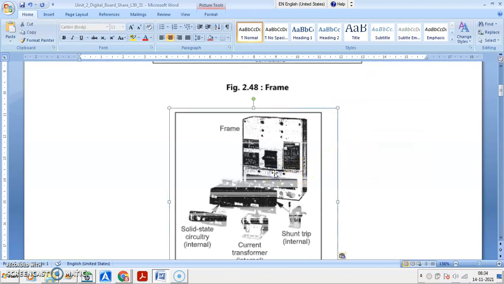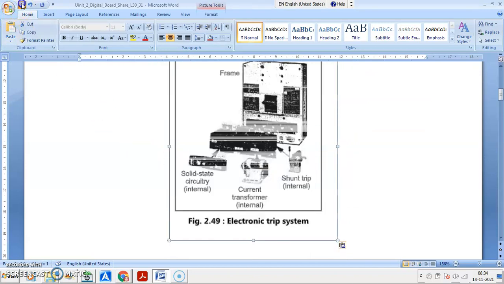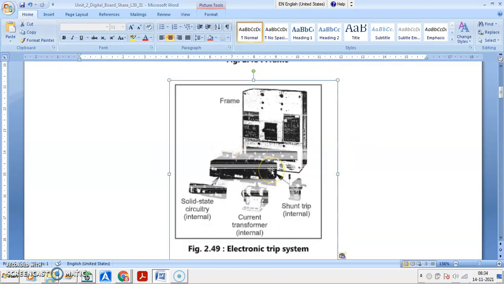So this is the electronic trip system, which is with MCCB. This is the MCCB frame, and these are the communicating devices. In this communicating device, you need a CT, that is a current transformer, which is inbuilt to reduce the current for measuring purpose.